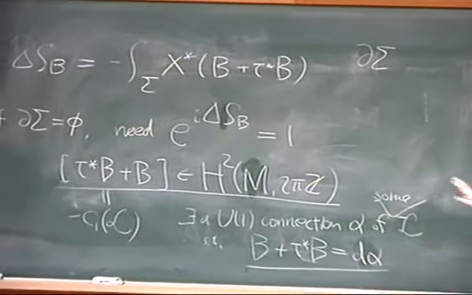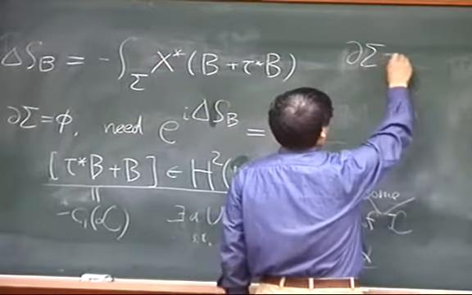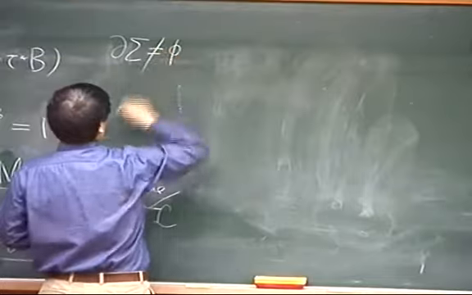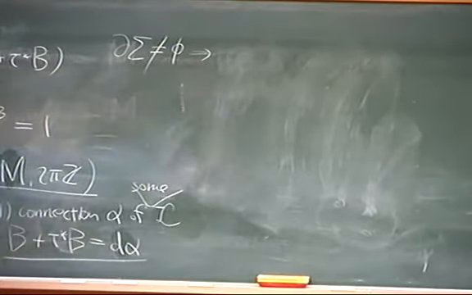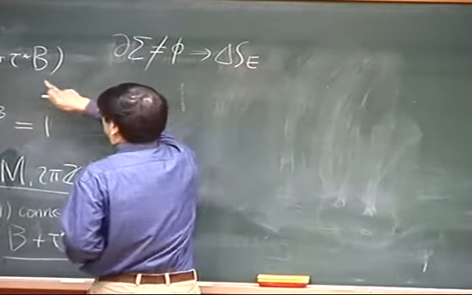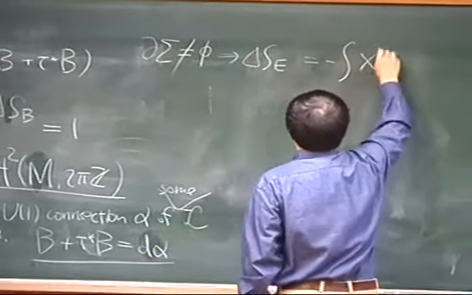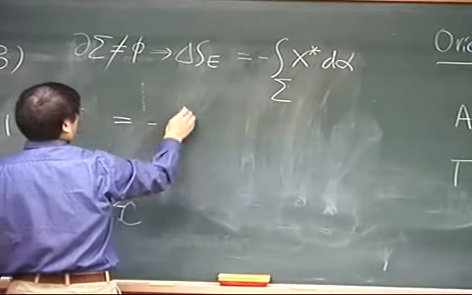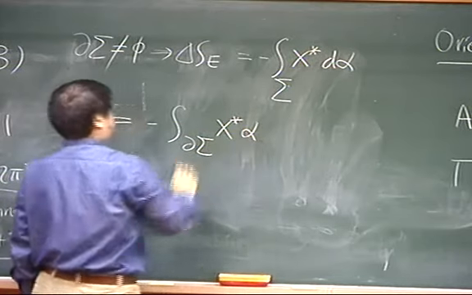Now, given that, you can find some alpha like this. Now let's consider an open string. If this does have some boundary, then the shift part, you can use this expression here, is d alpha, and by Stokes' theorem, it is like this.